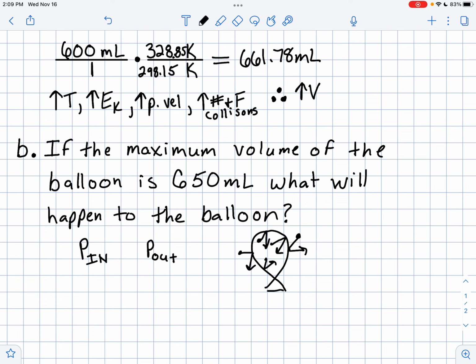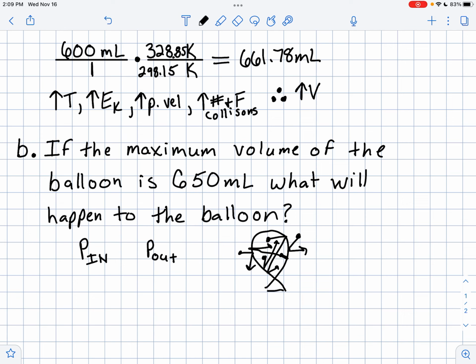Now, since it's in the hot car, these particles are going to speed up. They're going to move a lot faster. So I still have 3 particles. But because their temperature increased so much, there's going to be more collisions, even though there's still just 3 particles.